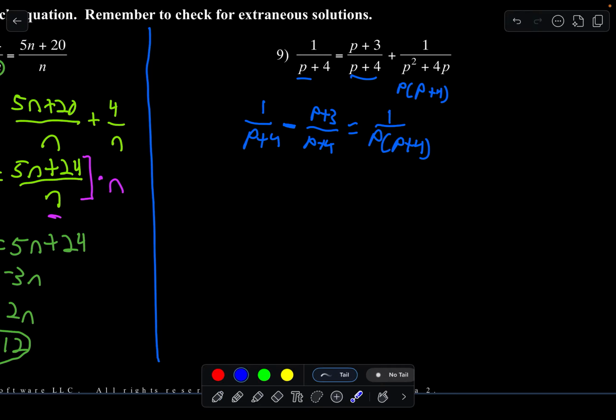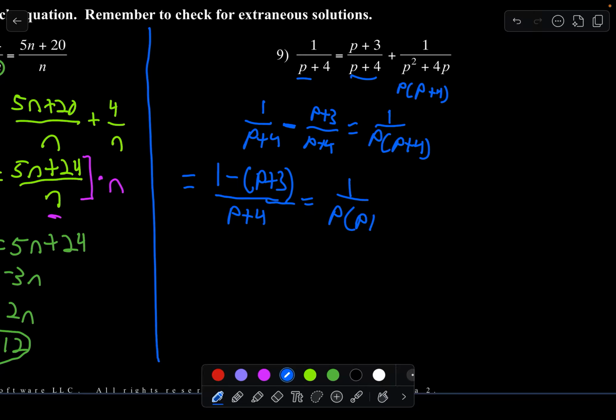Now, right here, you're subtracting all of this, so it's 1 minus p plus 3. Notice I put parentheses around the p plus 3 over p plus 4, which equals 1 over p, parentheses, p plus 4.